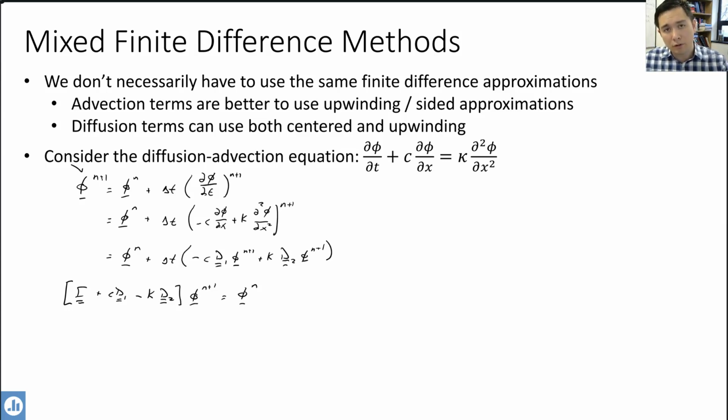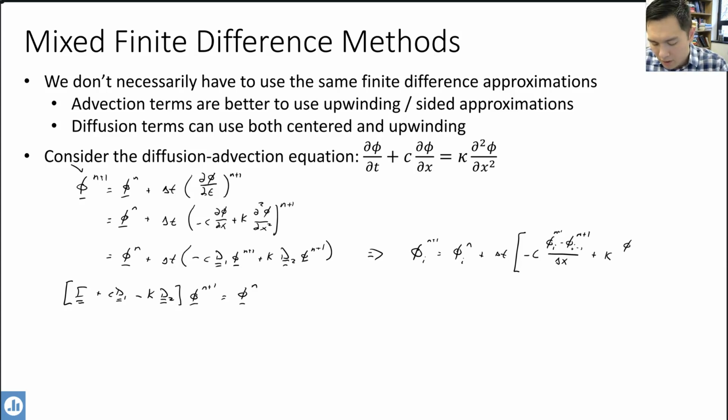But to clarify our finite difference approximation, let's go ahead and make that substitution. We can say at this point that phi i n plus 1 is equal to phi i n plus delta t times minus c, now times our derivative of phi with respect to x using a backward approximation, which would be phi i minus phi i minus 1 divided by delta x, and both of these are evaluated at n plus 1 time index, plus kappa times our second derivative approximation, but this time we'll use a centered approximation.